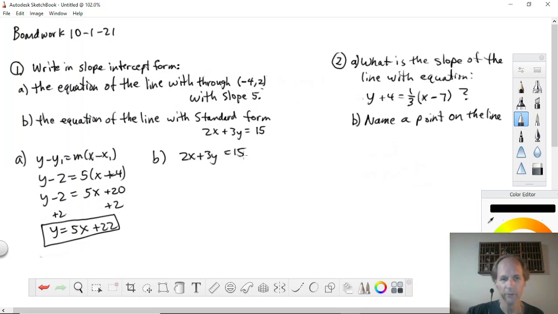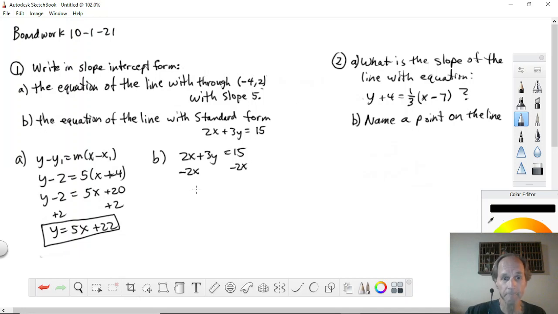And you know, if you don't remember the exact steps, you do know that you need to solve for y. Get y by itself. So we can do that. To get 3y by itself, we're going to subtract 2x from both sides.